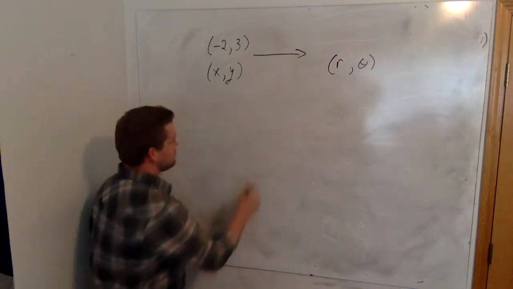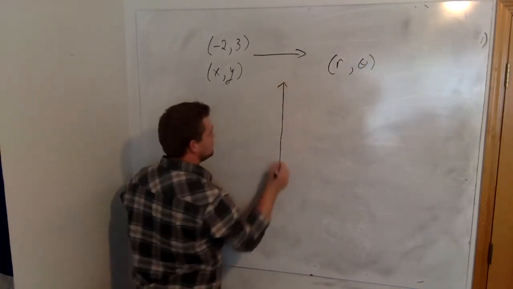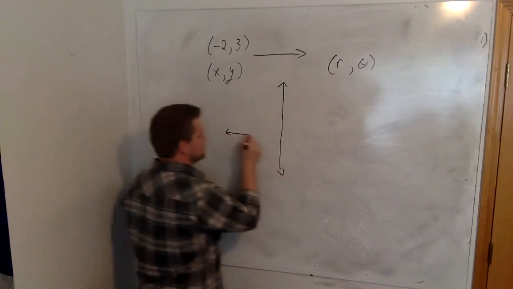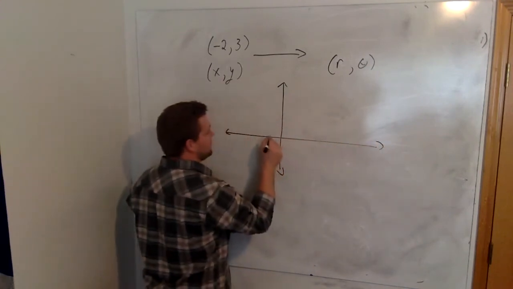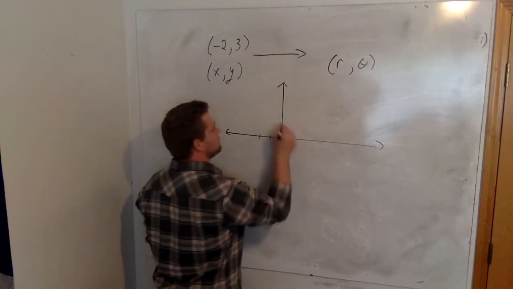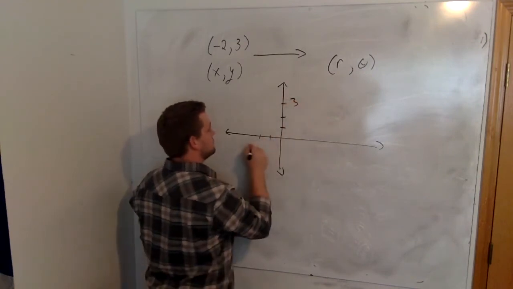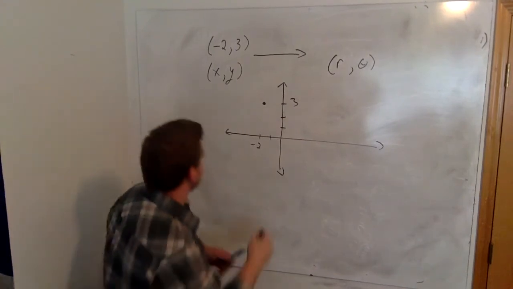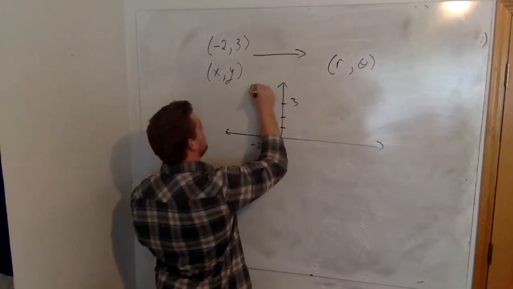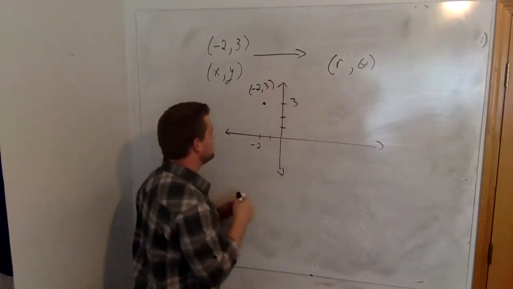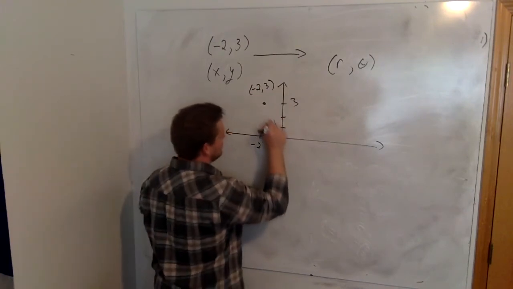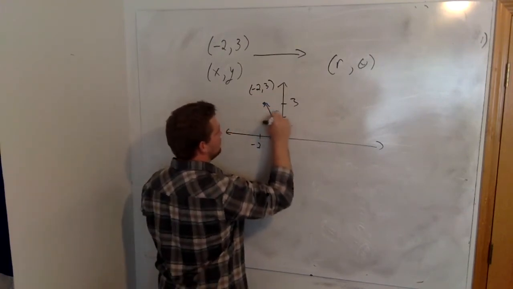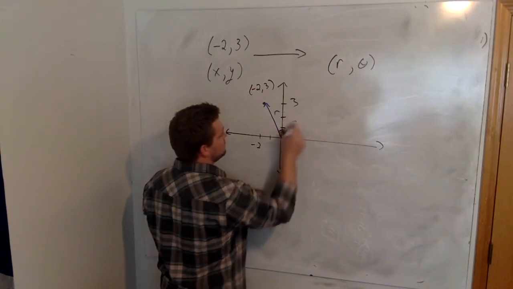Okay, so let's draw our picture. We're to the left 2 units and up 3 units. So here we are, in rectangular coordinates. If we want this in polar coordinates, we want to figure out what this radius is, and we want to know what this angle is.